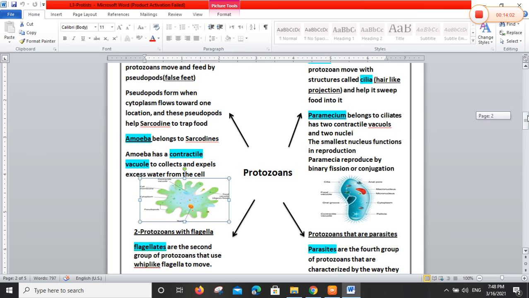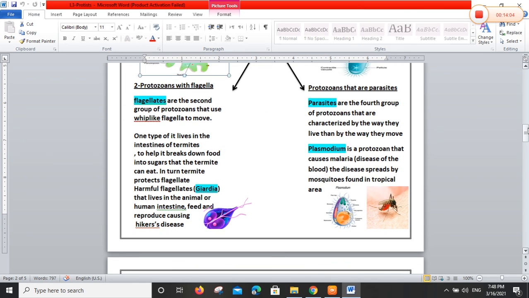The fourth group of protozoans are the parasites. Parasites are protozoans characterized by the way they live. Because we mentioned before, in the case of viruses, that a virus depends on another living organism, which is called the host; it enters the host and destroys the host's cells.